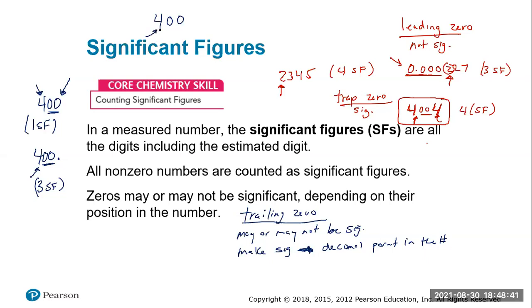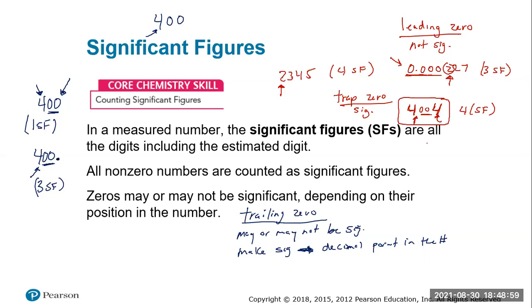Basically what that would be telling you is this could be as big as 500 or as low as 300. That's a lot of error, right? Because there's only 1 significant figure. It's kind of a bad measurement, right? There's a pretty big range of where this should really be.